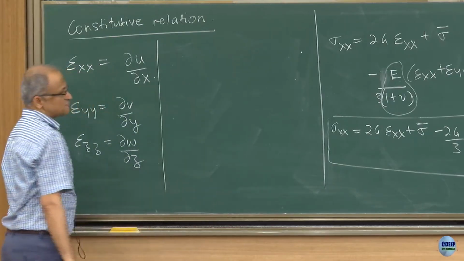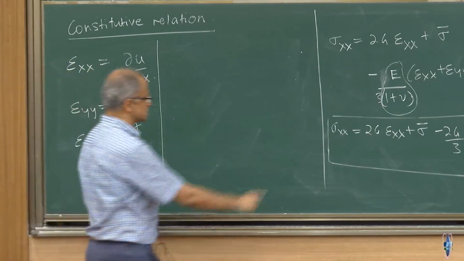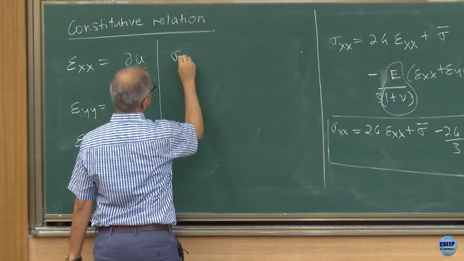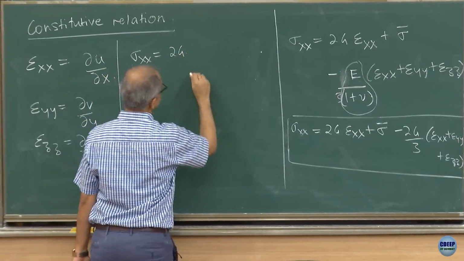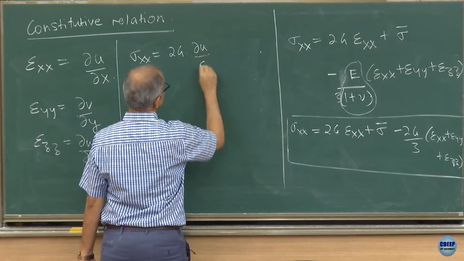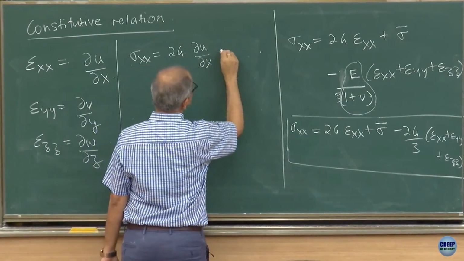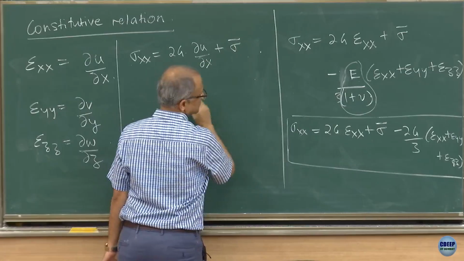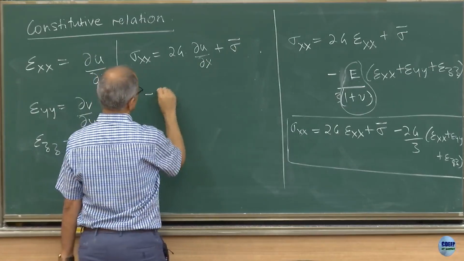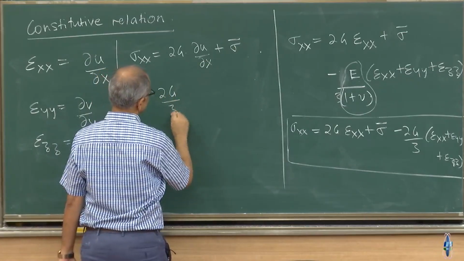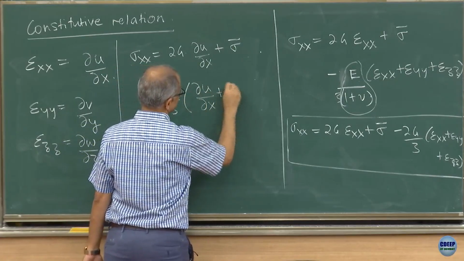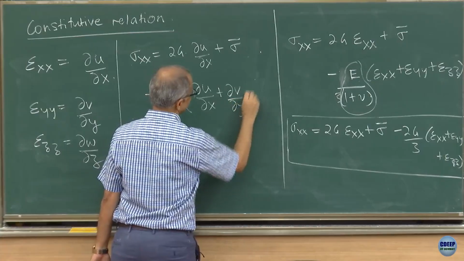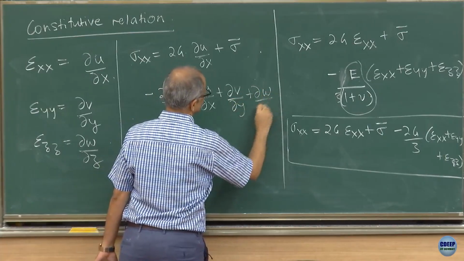So this is what we have, and now we can come to this equation and substitute them. Sigma xx is 2G times dou u dou x plus (sigma bar minus 2G upon 3) times (dou u dou x plus dou v dou y plus dou w dou z).